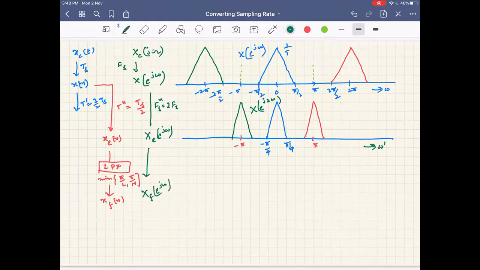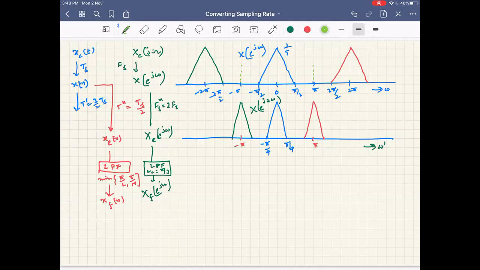Explicitly writing the low pass filter cutoff frequency, omega c is equal to pi by 3 here, because that is the minimum of pi by L comma pi by M. So now let us apply that filter.